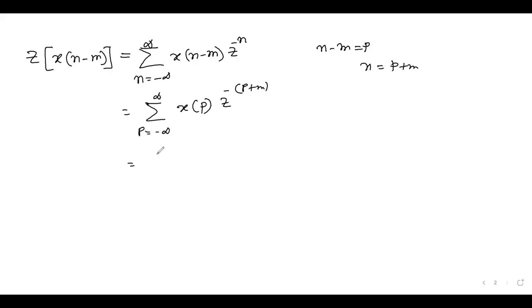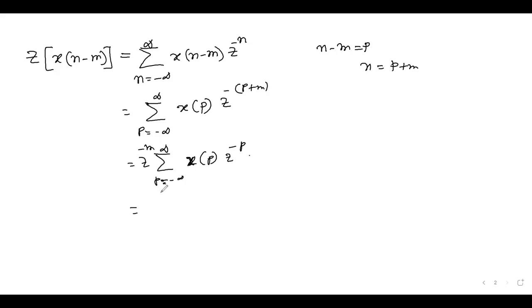So this sum you can write as the sum over p from minus infinity to plus infinity of x of p, z to the power minus p, and z to the power minus m. That comes out because it is not a function of p, so it is a constant term.